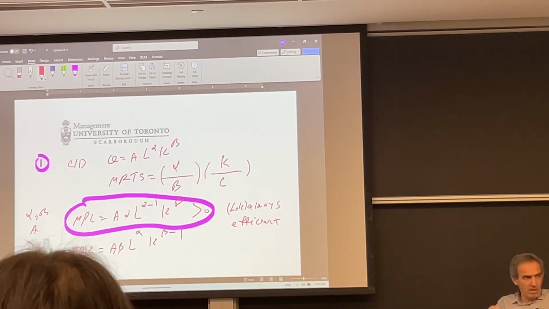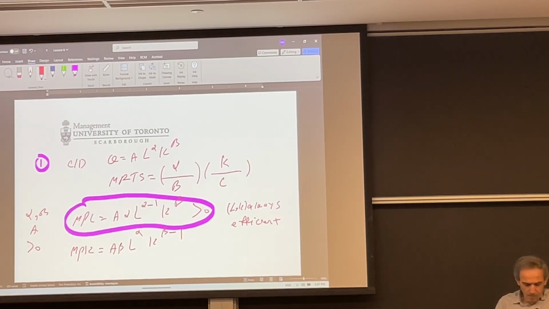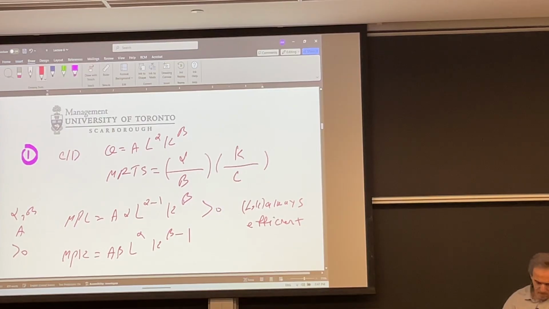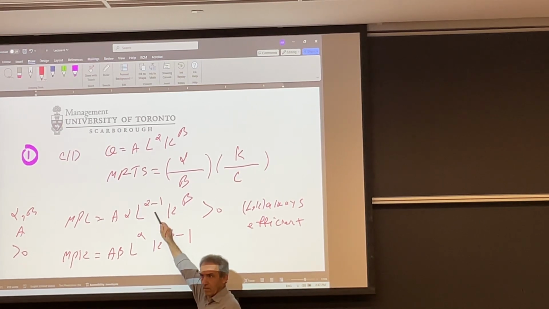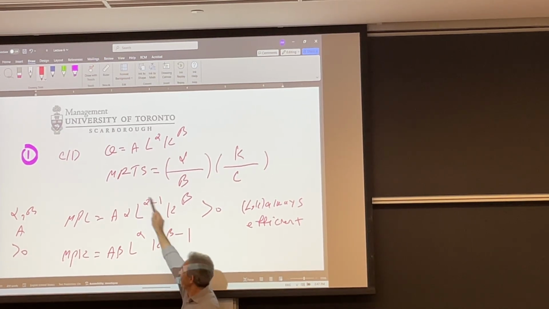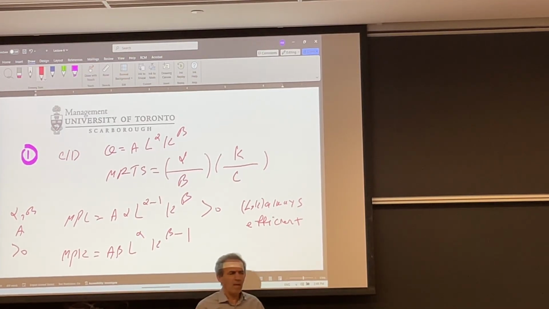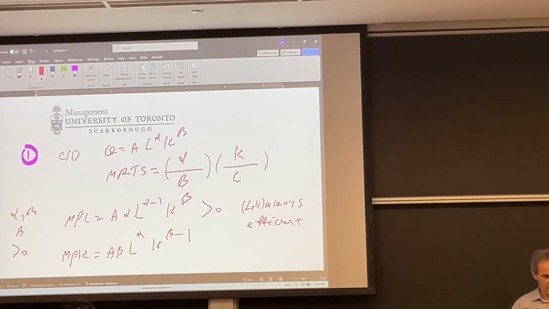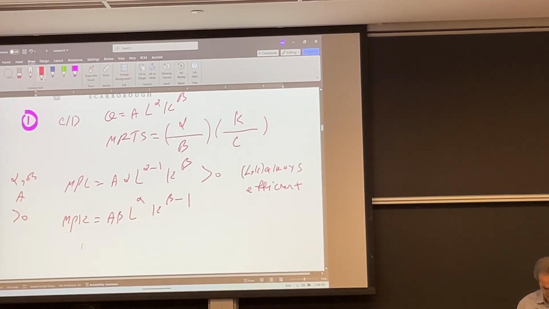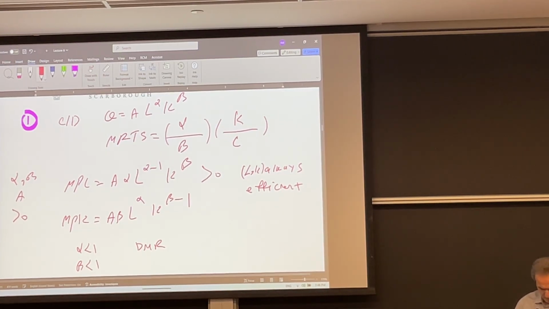If you take the second derivative and it's negative, DMR holds. Make sense? So by looking at these two, what's your conclusion? See, that is determining the sign. If you take the second derivative, this becomes multiplied there. This determines DMR. If alpha is less than 1, and beta is less than 1, DMR holds for both inputs.